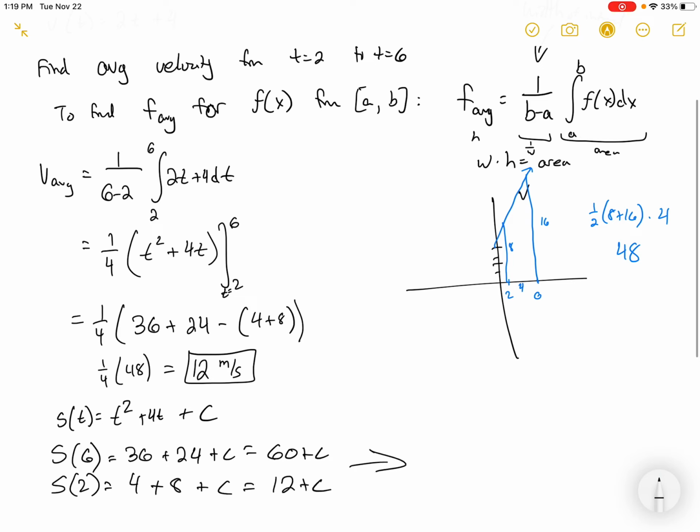So s of 6 minus s of 2 is 60 plus c minus the quantity 12 plus c. That just gives me 48. That says the distance we traveled from t equals 2 to t equals 6 was 48. So obviously my average velocity had to be 12. That's two ways of thinking about this shaded area up there.